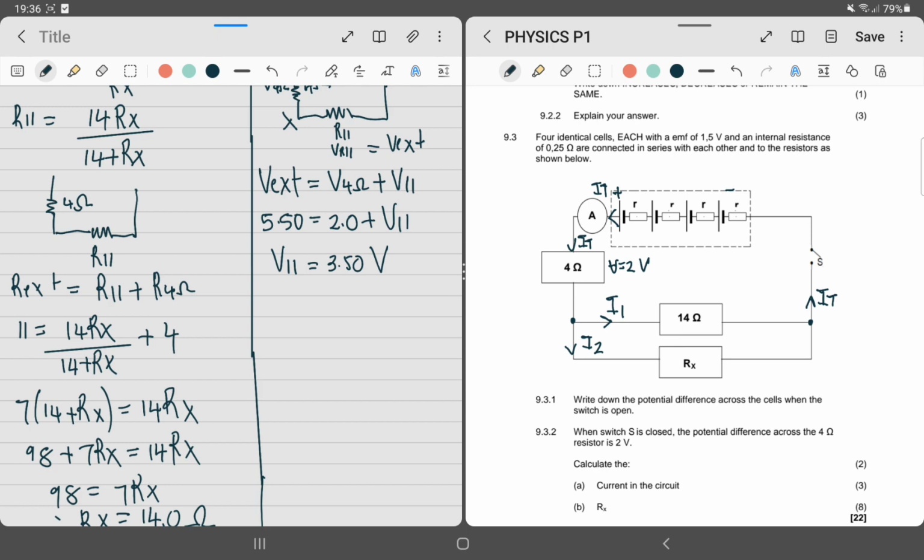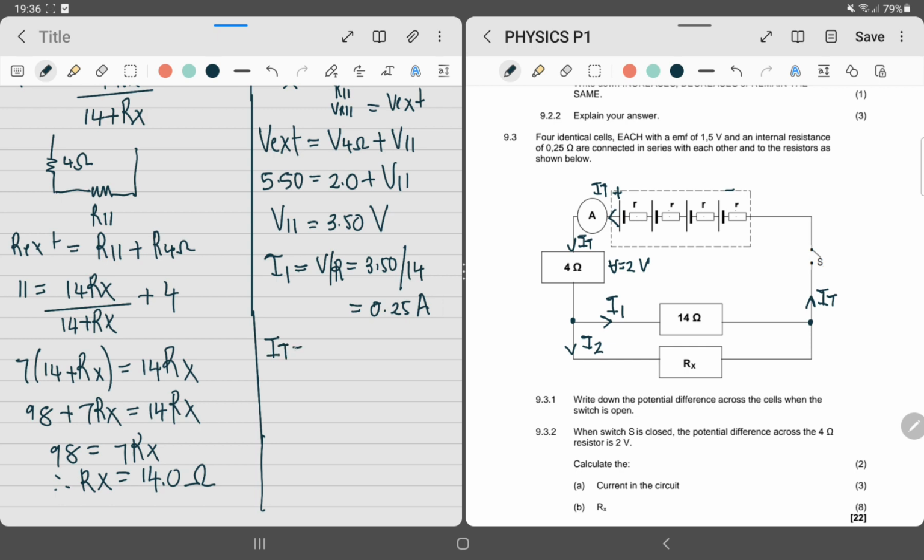So for the 14 ohm resistor, I know that the voltage must be 3.5 there. So I can find I1. The voltage is 3.50 and the resistance is 14. So I am getting 0.25 amperes.